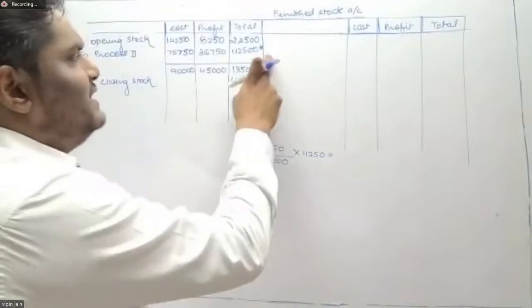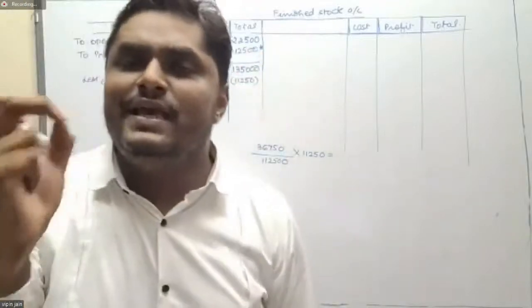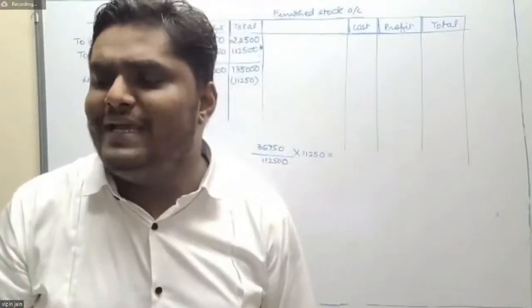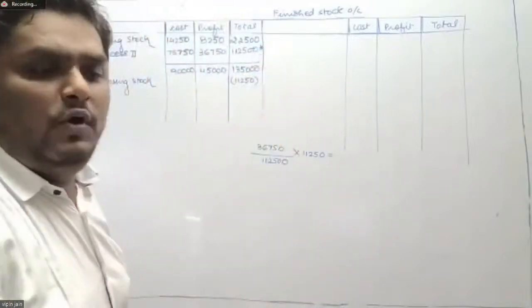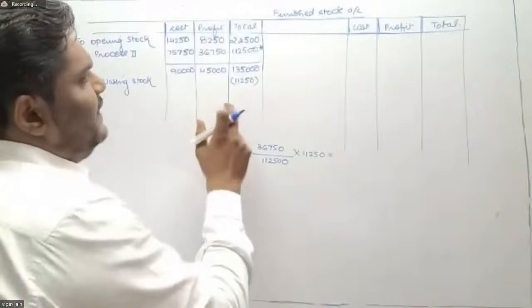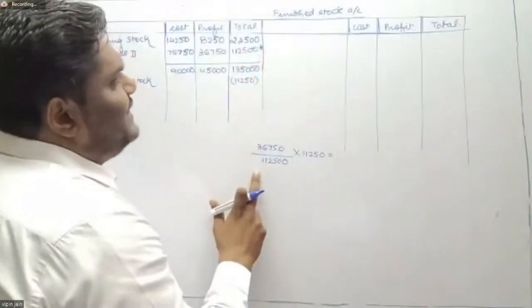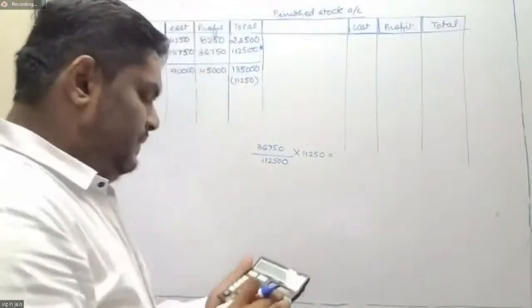Why have I taken these figures rather than those figures? The reason is that it is given in the question that finished stock is valued at the price at which it is received from process second, not at prime cost. So that's why I have taken these figures. So 36,750 is the total profit on 1,12,500. So on 11,250, how much will it be?